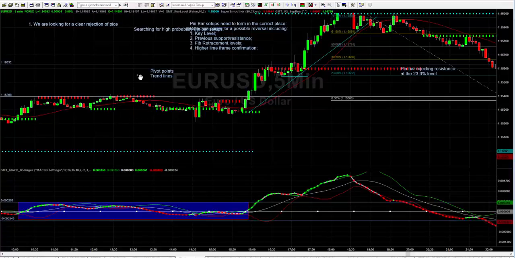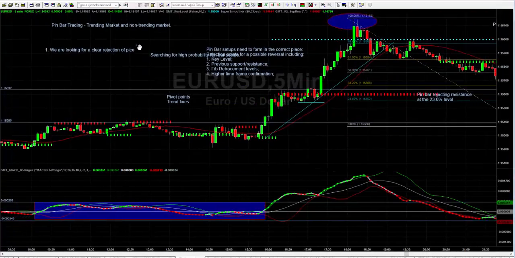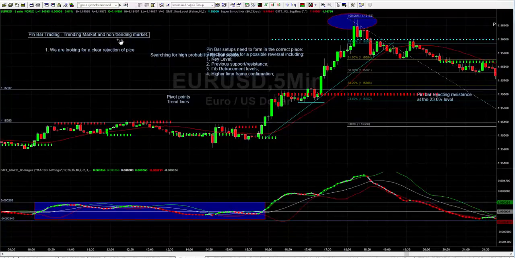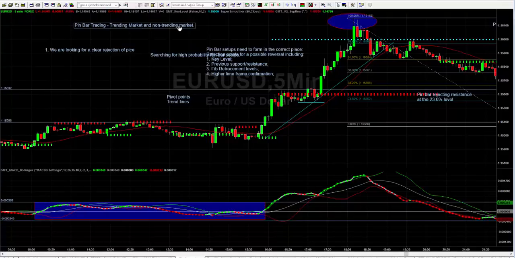If I'm looking at a non-trending setup, would a non-trending setup be a high probability setup or a lower probability setup? Or I'll rephrase that. What would be my better option as far as trade entries? Are my probabilities higher in a trending market or a non-trending market?